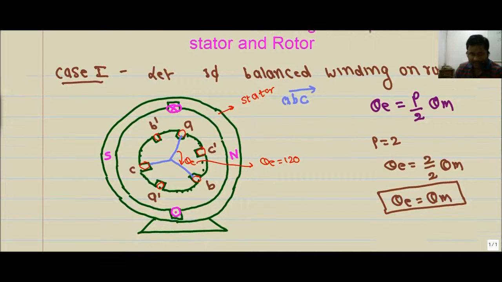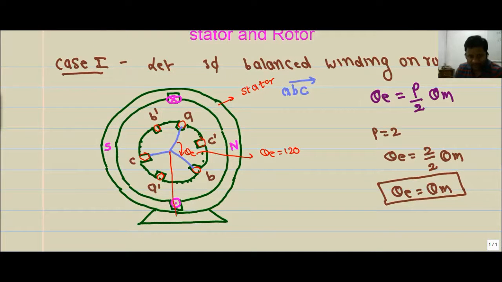Let us take this as the zero reference point, the starting point where we assume theta e equals 0. From this angle to this angle is called theta e.